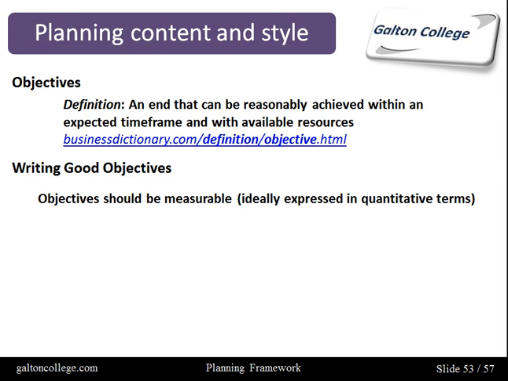If sales grow by 4% next year, that objective was not met. And that's not open to interpretation. That is fact. That's the number system. So good objectives ideally should be measurable.